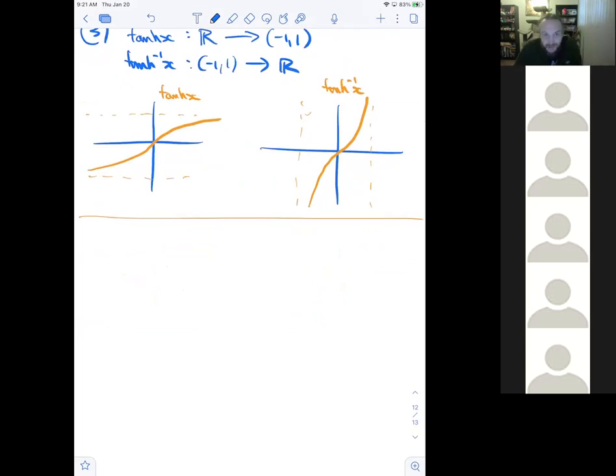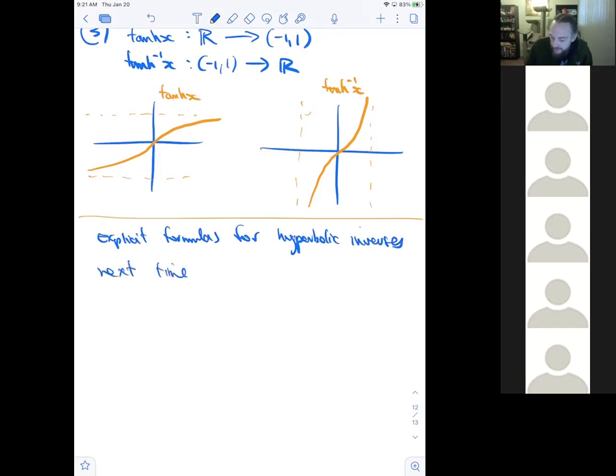So using the logarithm, we can find an explicit formula for these. That's what I'll do next week, starting off: give explicit formulas for the inverse hyperbolic functions. So we'll do that next time.